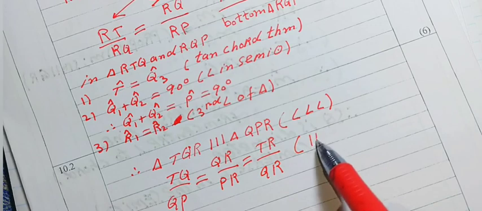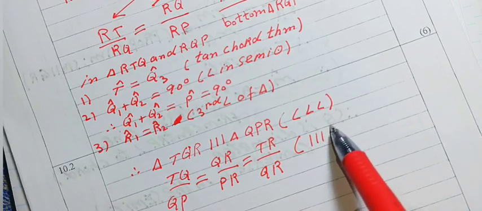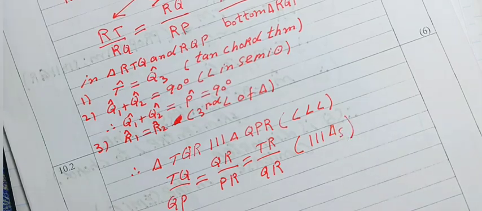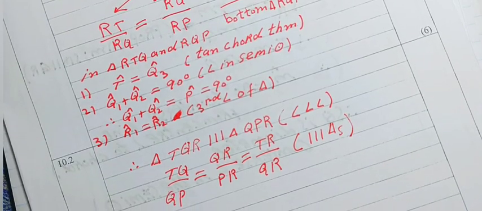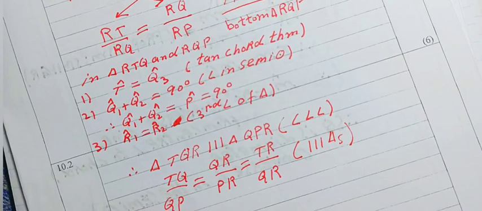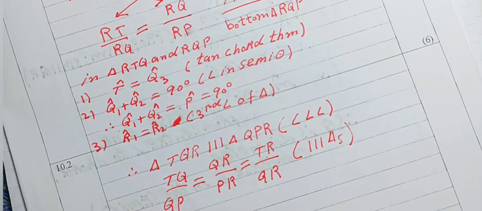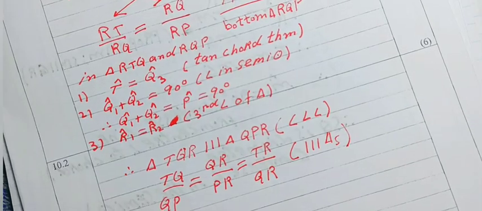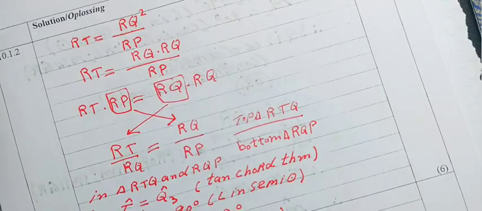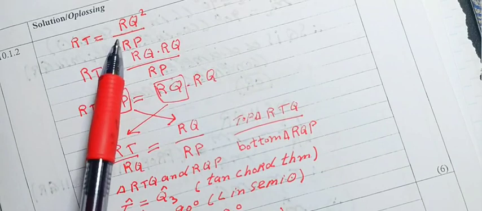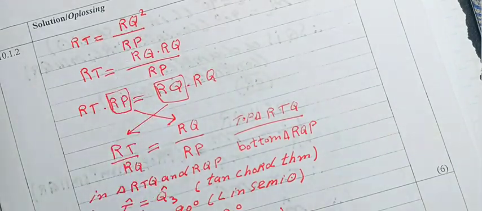The reason is similar triangles. Now, in this case, we need to prove, we must remember, RT is equal to RQ square over RP.